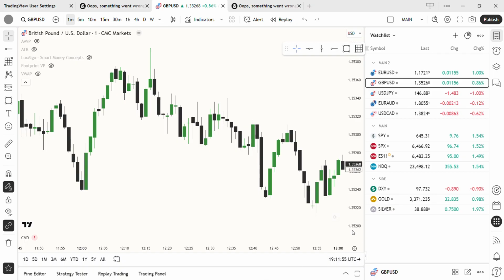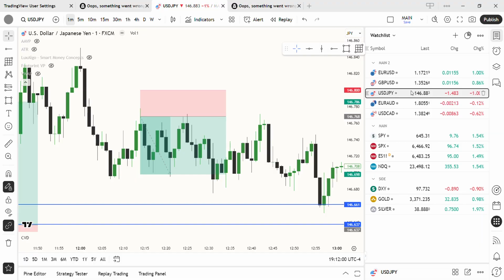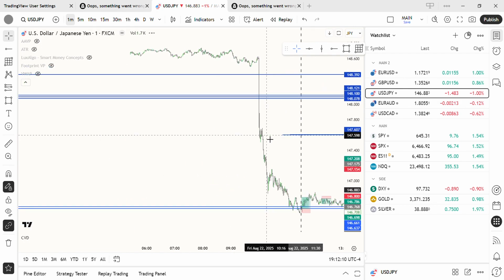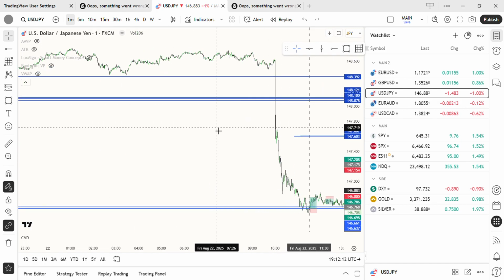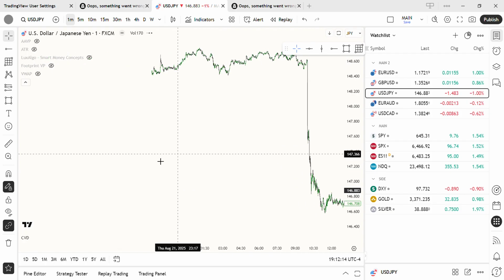So where are we going now? USD JPY. See what's going on here. I also took some trades here. I wonder how many of the same trades I've taken already that I've already tested. How many? I have 15 drawings.